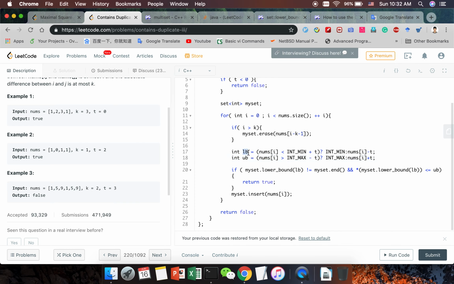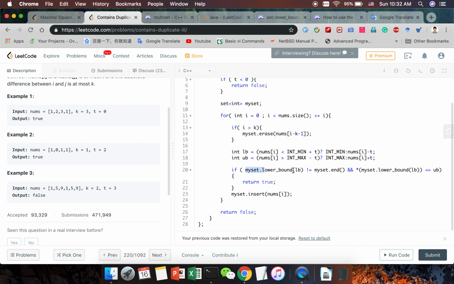So how to calculate the lower bound and upper bound? The lower bound is the current number minus t, and the upper bound is the current number plus t. This is the lower bound and upper bound when you insert a number into the window.